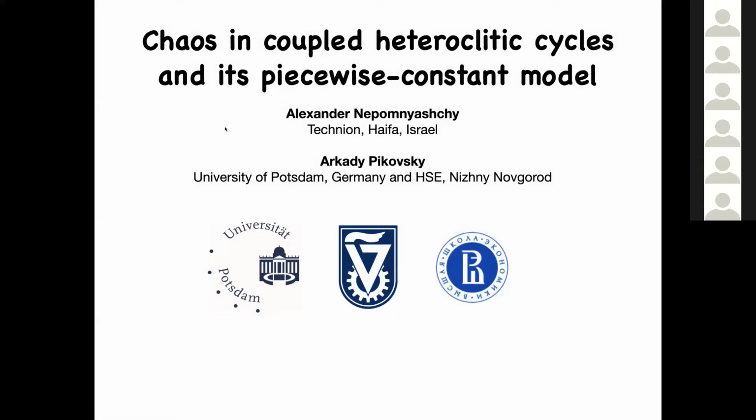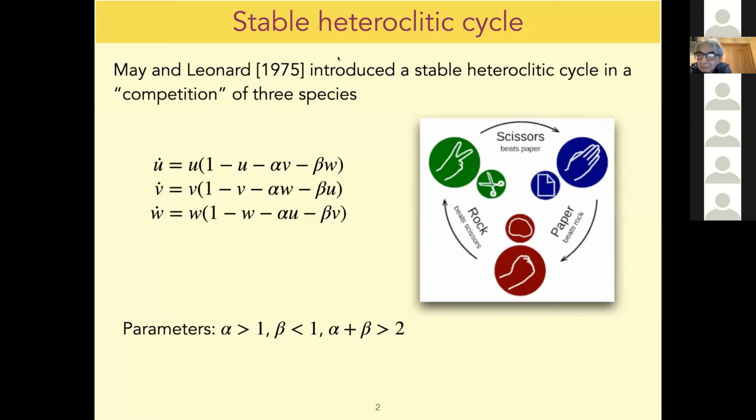I can start. This will be a rather numerical presentation of a project by Vitalik Nepomniachtchi from Technion about chaos and coupled heteroclinic cycles. The stable heteroclinic cycle is an object probably first introduced in 1975 by May and Leonard as a generalization of Lotka-Volterra competition of species.